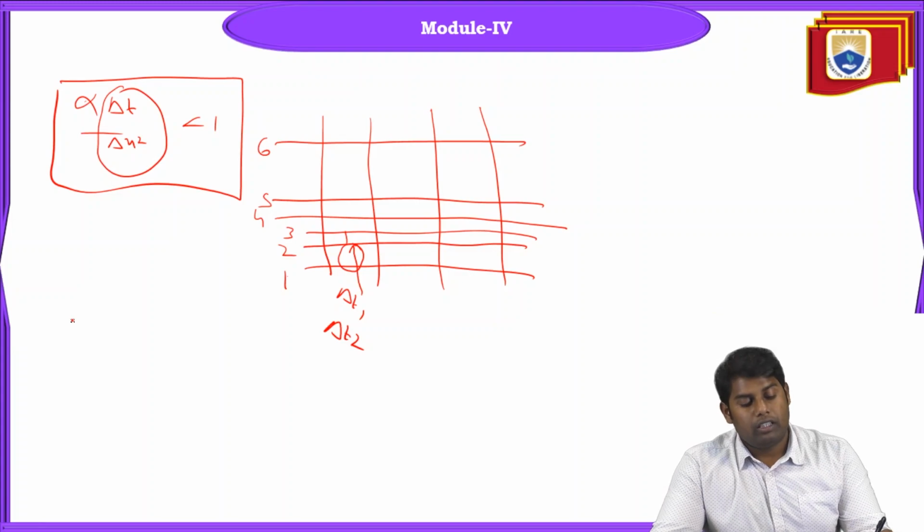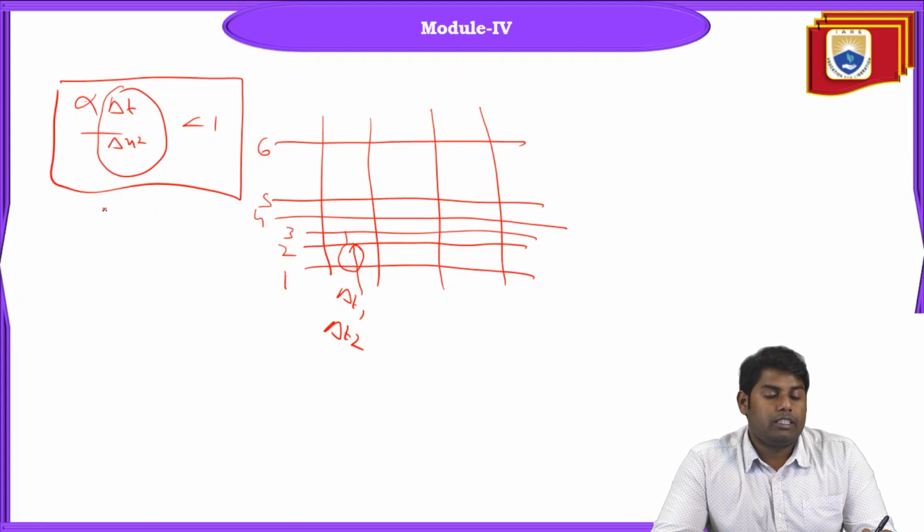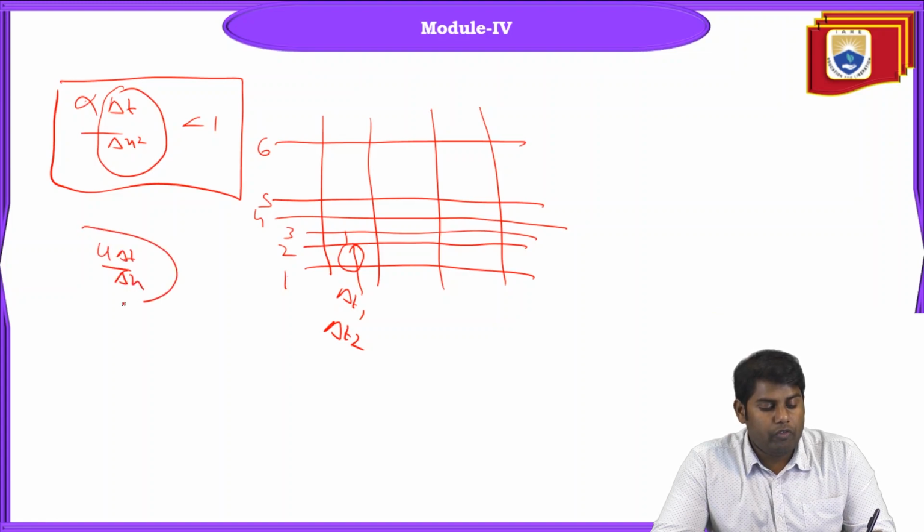So in order to maintain consistency, a condition is given: the Courant number, u delta t by delta x, should be less than 1.